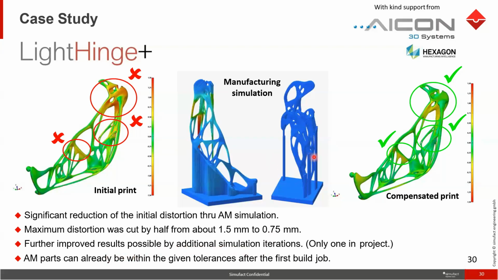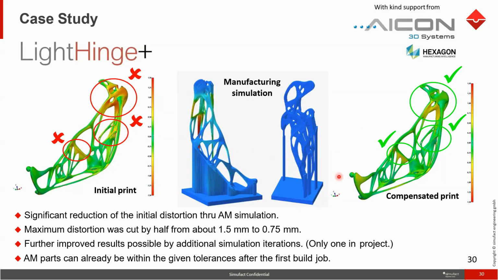A simulation will help us reduce the trial and error happening in the back end. If you get a distortion at the end of the build, obviously you're losing the material as well as the effort that goes into building the part. This kind of part can take 8 to 10 hours to build on the machine, so a lot of effort is involved.